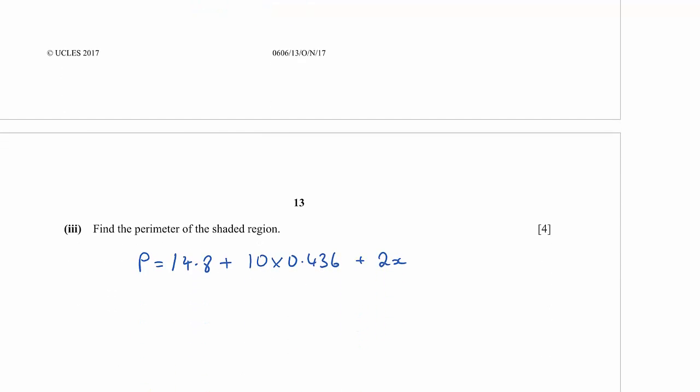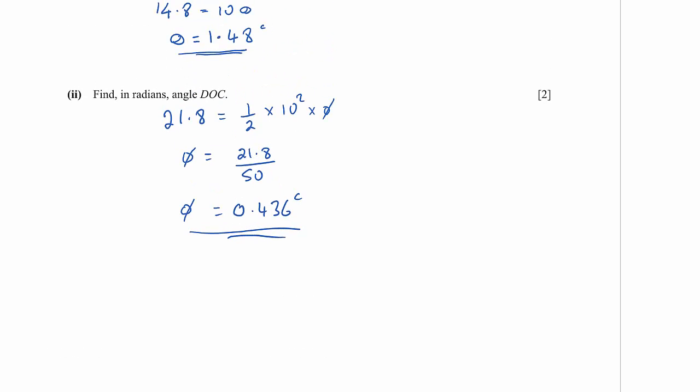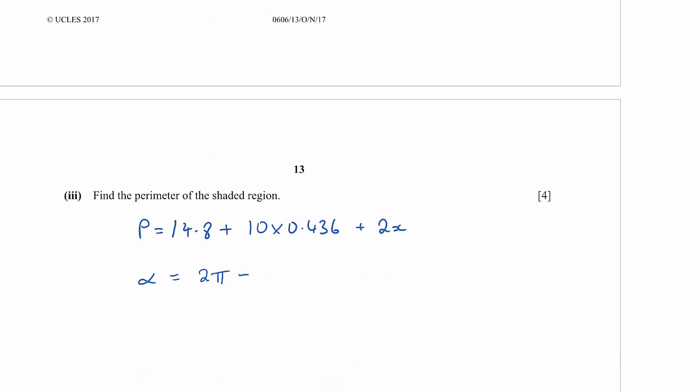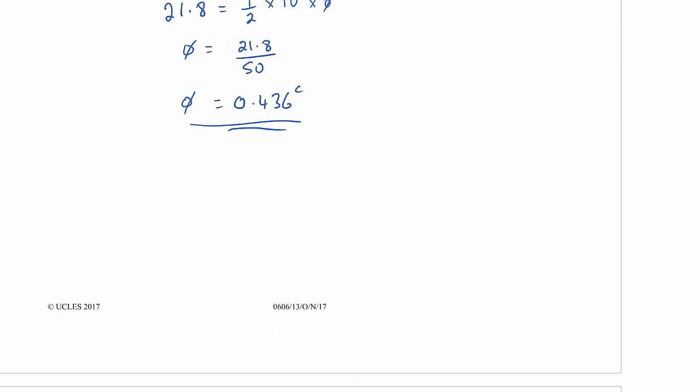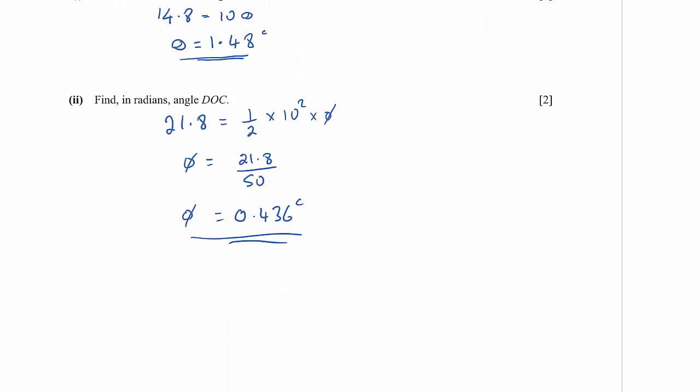So I've marked it on the diagram, so I can say that alpha is going to be 2 pi, which is the angle all the way around a circle, take away these two, 1.48 and 0.436, and divided by 2, because the 2 pi take away the theta and the phi would give us both of those angles, and we know they're equal, so we can divide by 2 to find one of them.